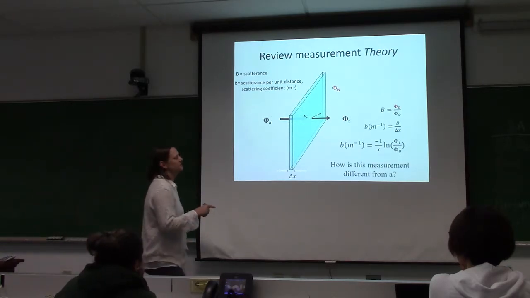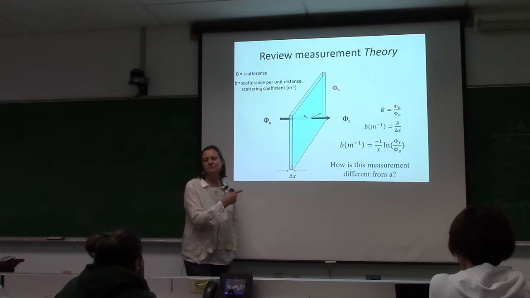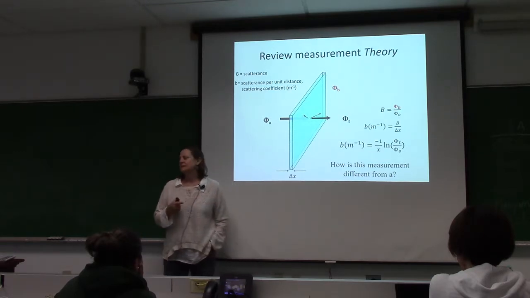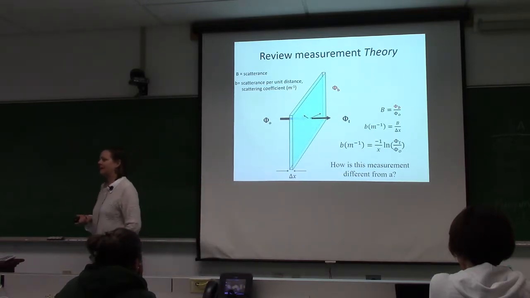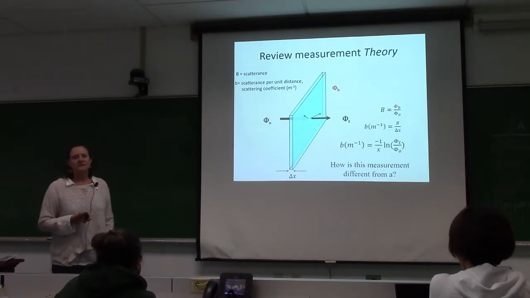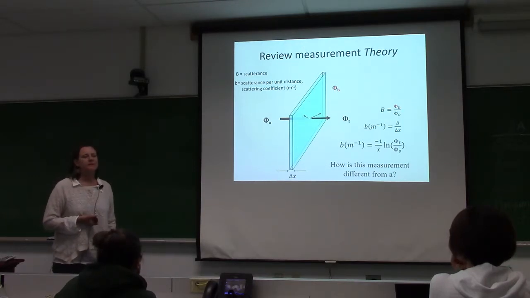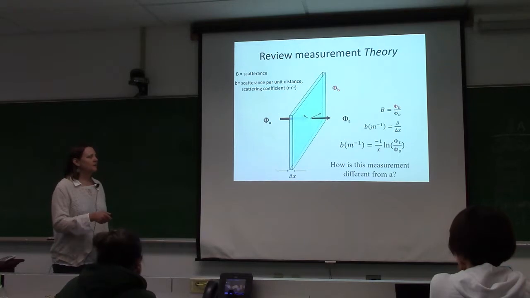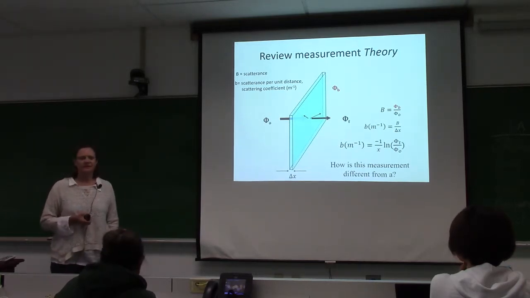But the question for you is, how would this measurement be different than the one that we had for a? There are going to be differences, right? We could certainly measure this, but our loss term is really different. Why? Because of the angle.